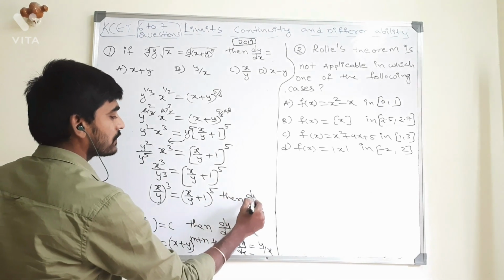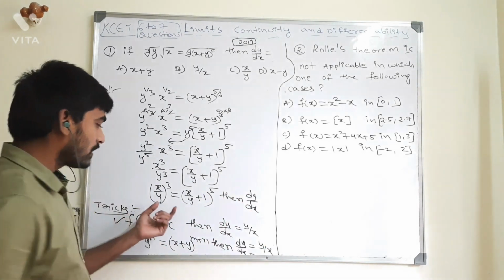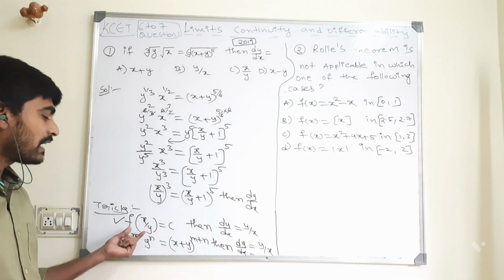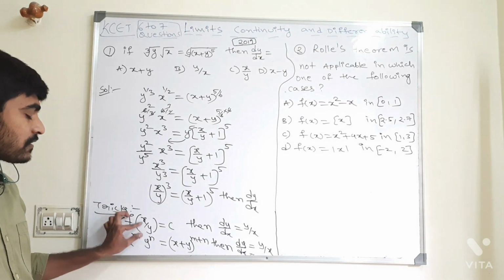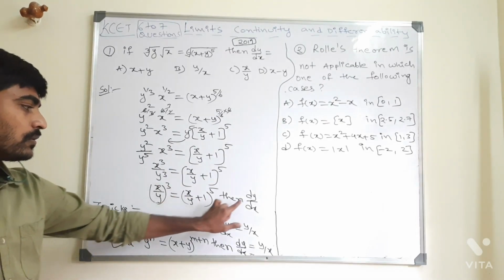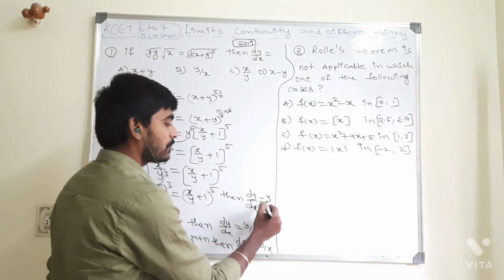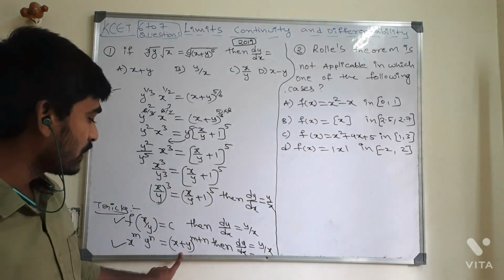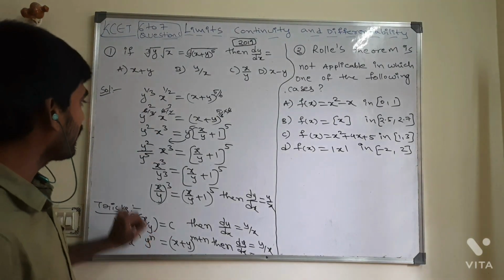Then what is dy by dx? You can check, the given question is in the form of x by y, right? If the function is in the form of f of x by y, then as I told, dy by dx is always y by x. Already you got the idea. Another trick I gave you: x power m, y power n.